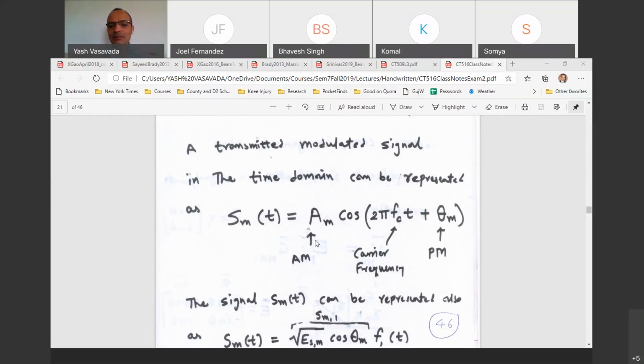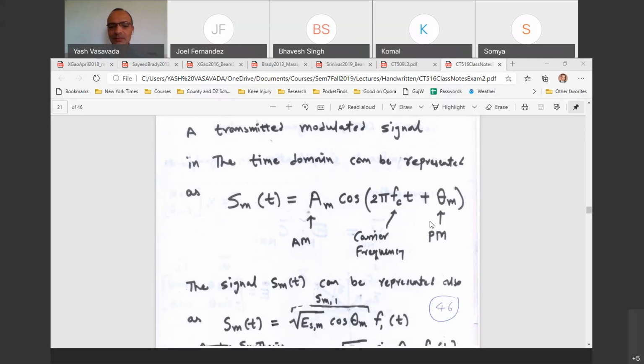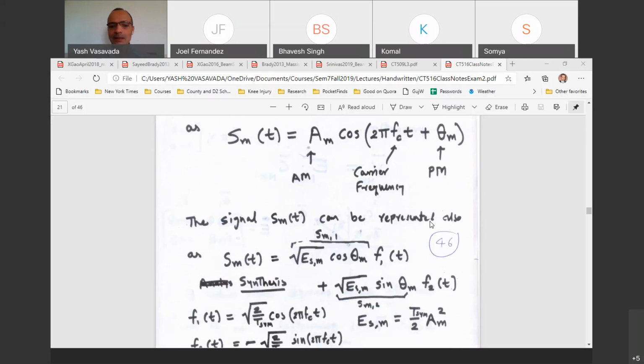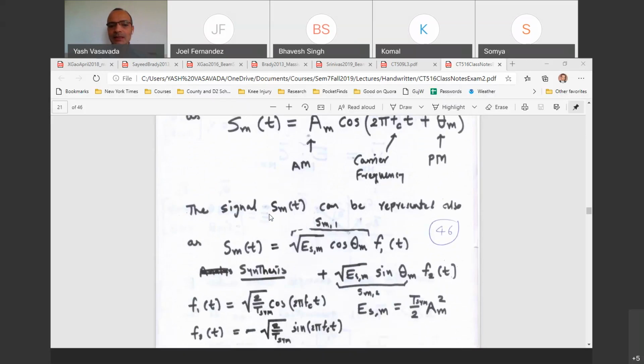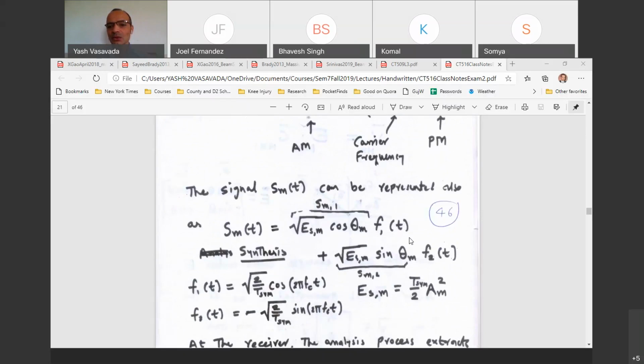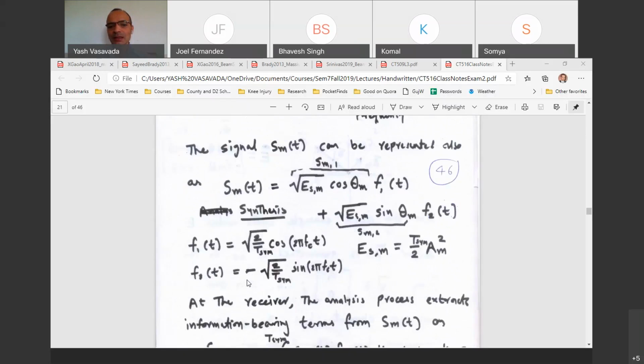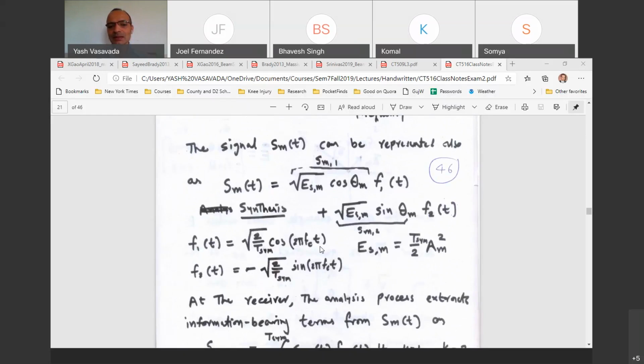And this A_m component, the amplitude modulation, is represented by this term, and the phase modulation is represented by this theta term. And we said that this signal can be represented as a linear combination of the basis functions, f1 and f2. And these bases are orthonormal. One example is that these two bases are cosine and sine functions.